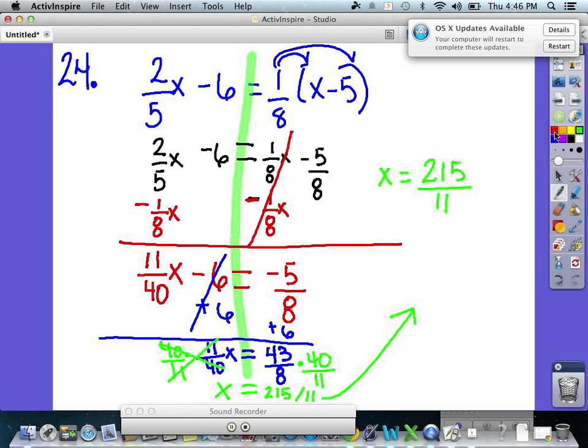Now, if you would like to change that into an improper fraction, you can. And I'm going to show you quickly how to do that. You will say 11 into 2/15. Go in there one time.